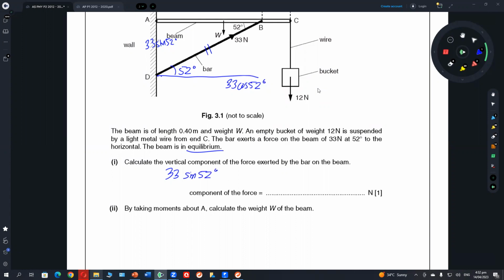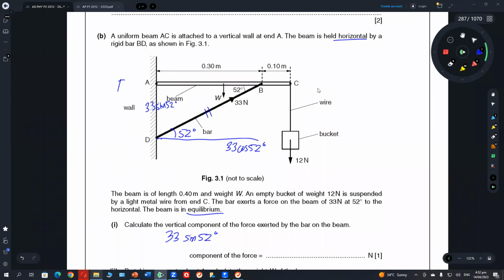By taking moments about A, calculate the weight of the beam. Now, he says moment about A, so it means he wants the pivot at A. If I take pivot at A, 33 sin 52 will not be used. It is going through the pivot.